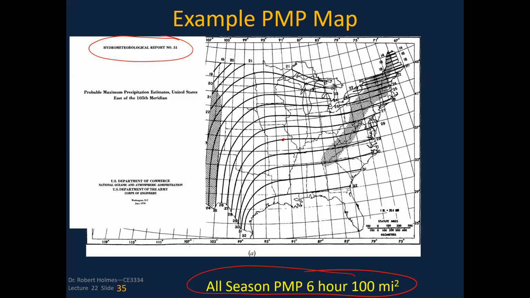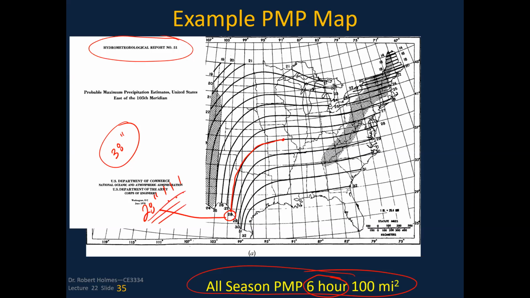If you trace this line down, you can see that the 6-hour rainstorm is 28 inches. 28 inches. Now, put that in perspective. They're saying that's the PMP for 6 hours when we have an average annual rainfall around 38 inches in the state of Missouri. Depending on where you're at, that's a rule of thumb. So we're talking about a lot of water here.